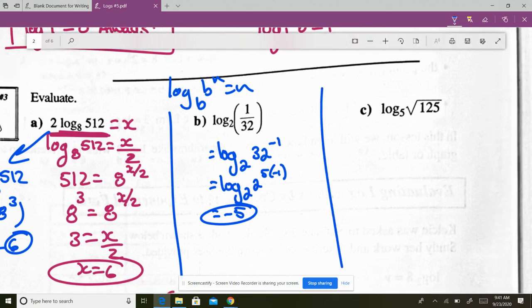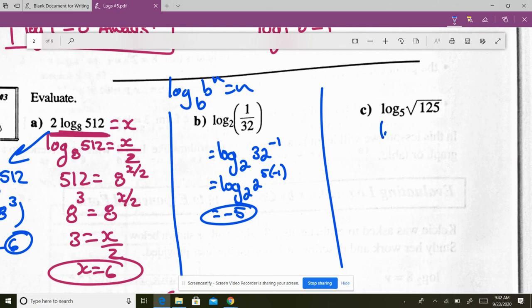Let's look at this one. Log base 5 of root 125. First of all, can 125 be made into base 5? It's 5 cubed. What does the square root mean in terms of exponents? In logs, we don't want square roots or anything like that. We want exponents. So how do you change a square root to an exponent? What power? 1 over 2.